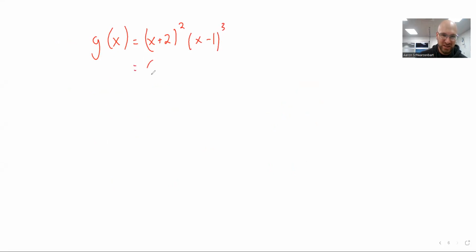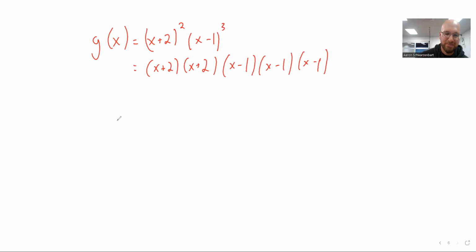This is essentially x plus 2, x plus 2, x minus 1, x minus 1, x minus 1. This is a 5th degree or a quintic. This one has zeros at -2, because -2 plus 2 is 0, and 1, because 1 minus 1 is 0.